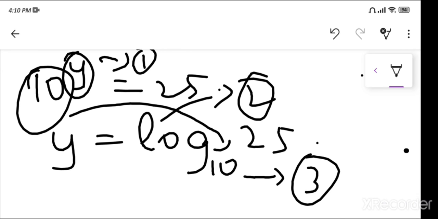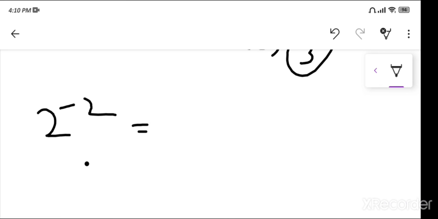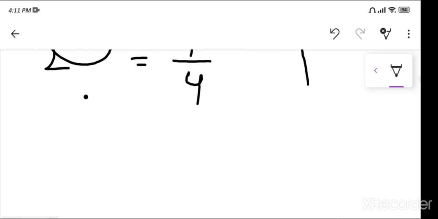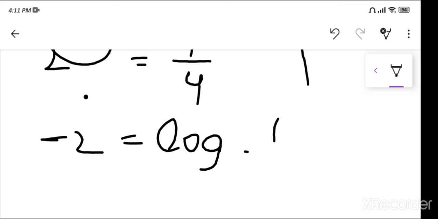Let us take another example. This is going to be a tricky one, trust me. 2 power minus 2 is equal to 1 by 4. How are you going to do this? As I told you, the power becomes the main one. So this becomes minus 2, and then the same log 1 by 4 to the base 2.